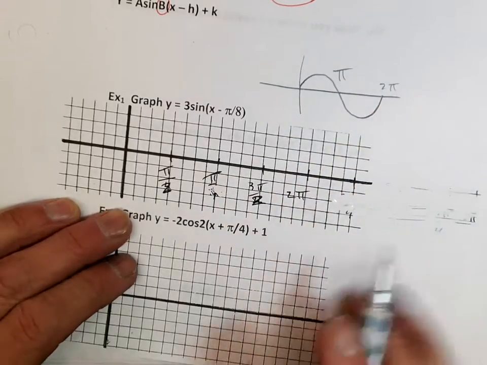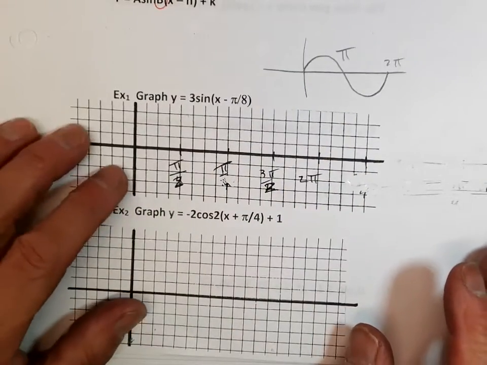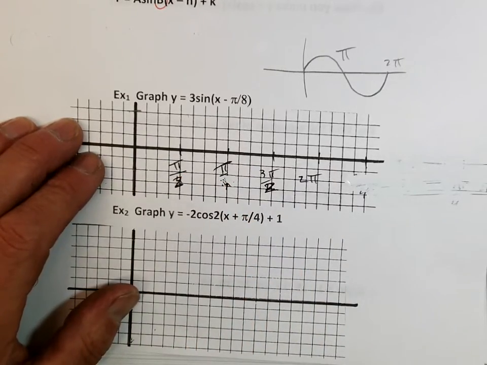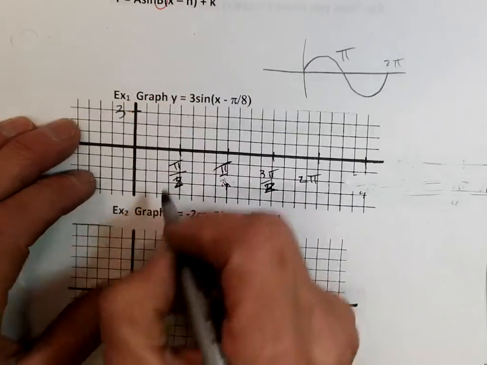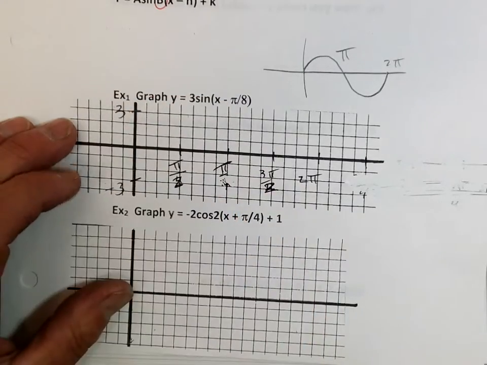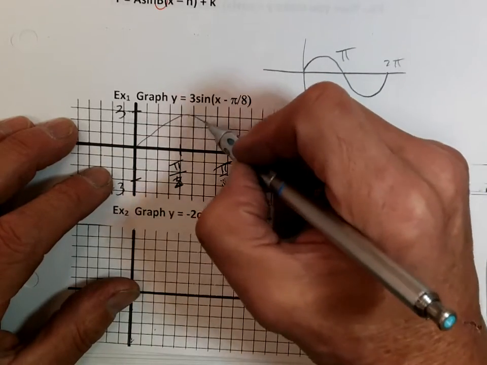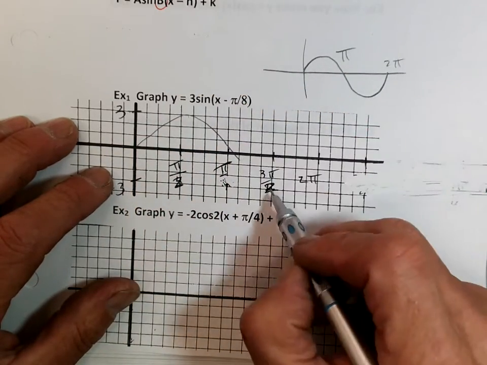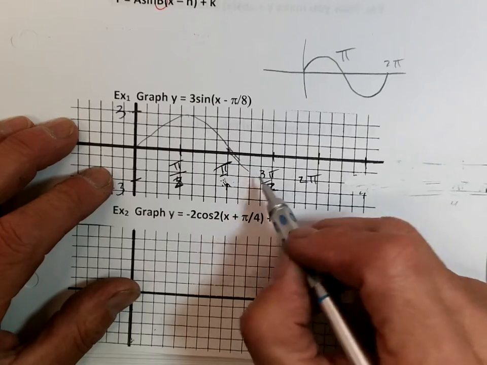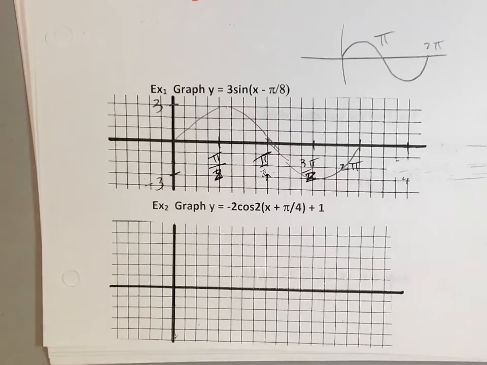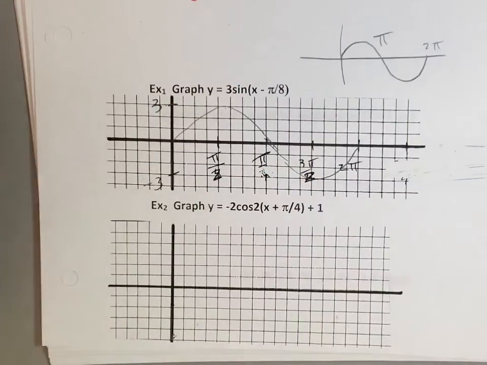So I'm going to put in my normal sine curve first, and it's going to go a height of 3 to -3. And it's going to look like this. And you guys did this on Friday, right? Got it. Okay. That's just a standard sine curve. That's all it is. Standard sine curve. Okay.